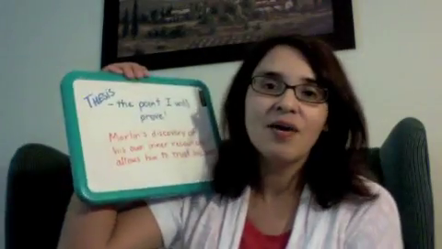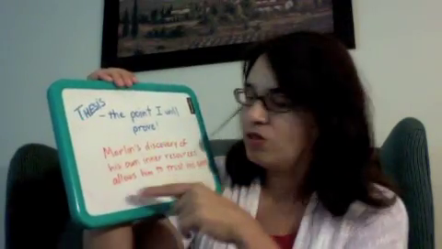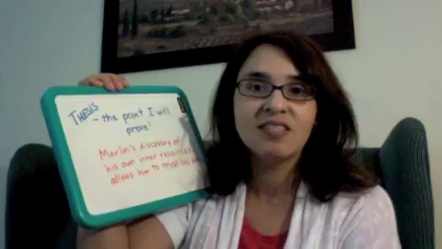Before, he did not have that faith. He had been in a victim mentality. Now, I also say here that his discovery of his own inner resources allows him to trust his son. So I'm asserting that his son has inner resources that up to now Marlin has not recognized.